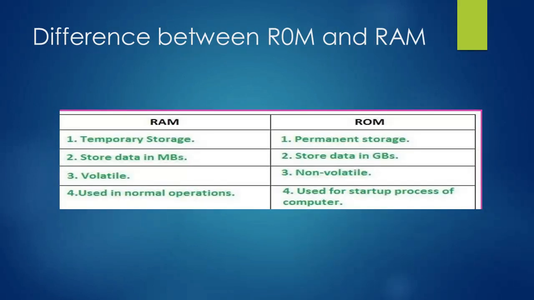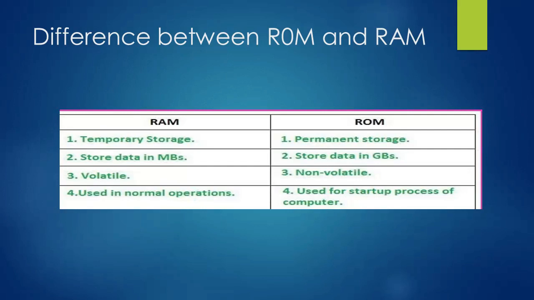Let's draw a quick comparison between primary memory type, ROM and RAM. RAM, it's a temporary storage, while ROM is a permanent storage. RAM store data in MBs, while ROM store data in GBs.